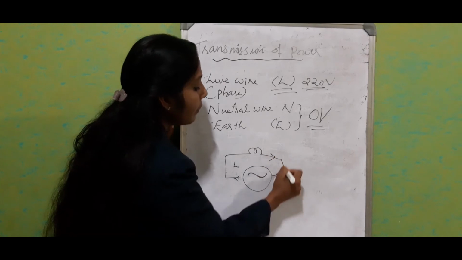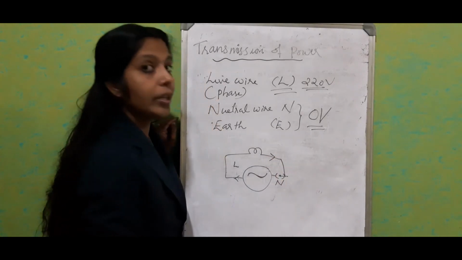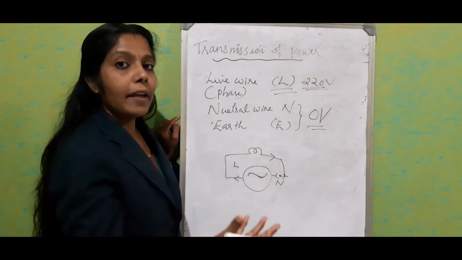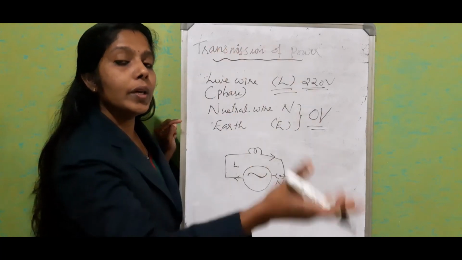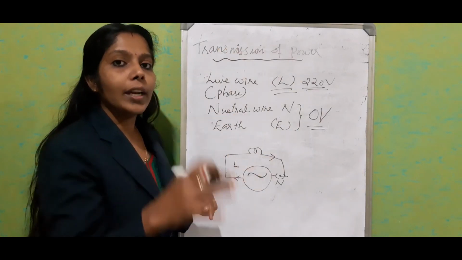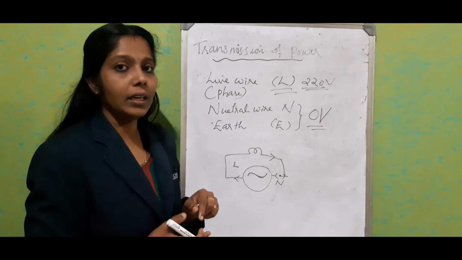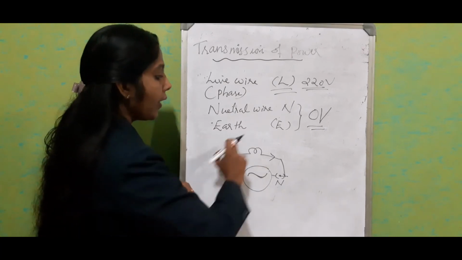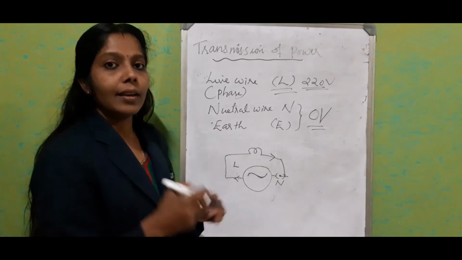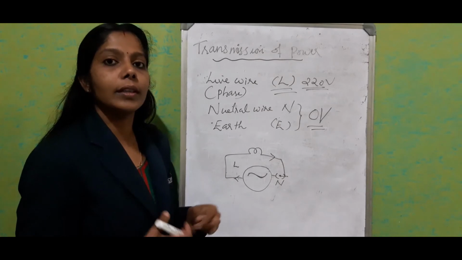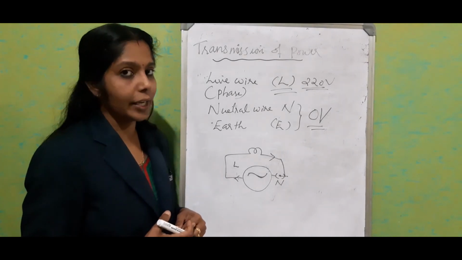Then there is a return path that is connected to the neutral wire. So the live wire is the connection towards the material and neutral is the return path for the electricity, because there should be a continuous path; only then will the current flow through the circuit.